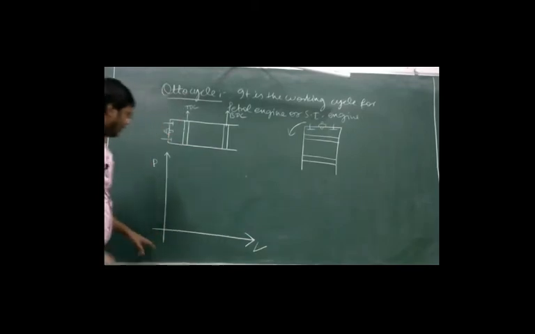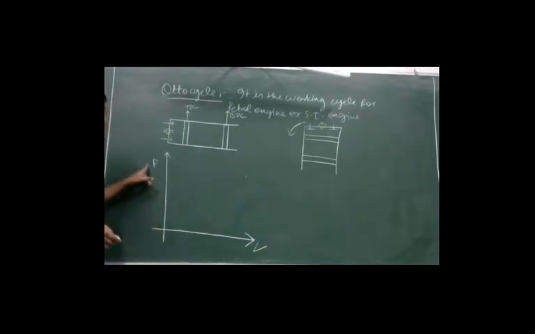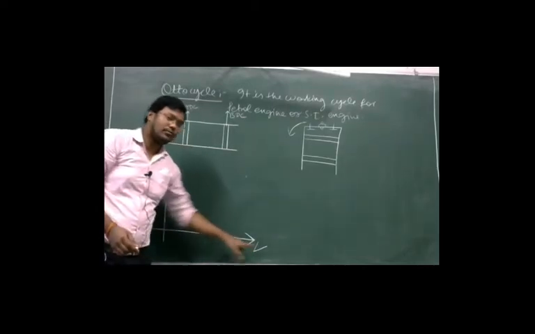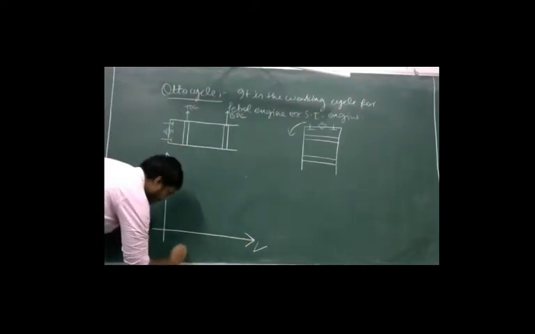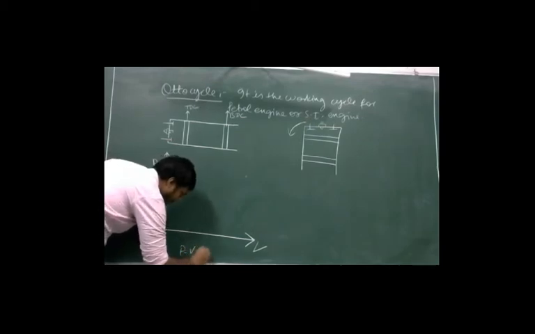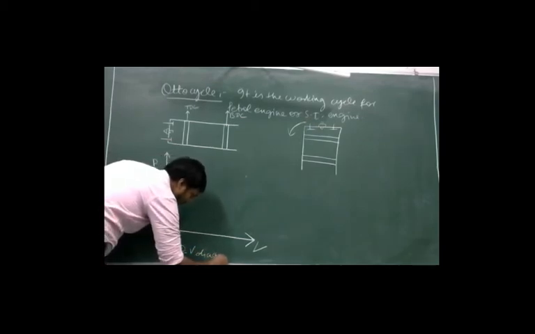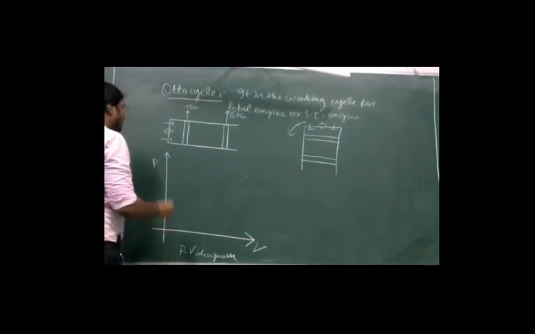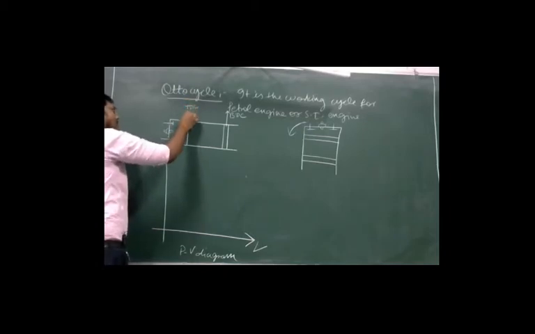So on the vertical axis, the y axis, we are representing pressure, and on the x axis we are representing volume. This is the PV diagram for Otto cycle. Now, on this PV diagram, this is the TDC position.